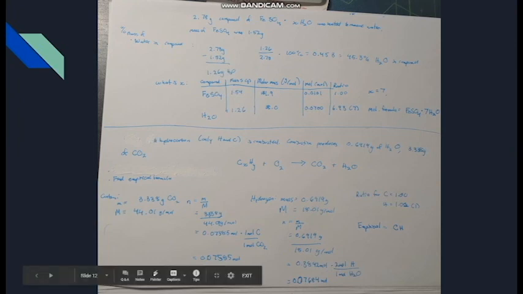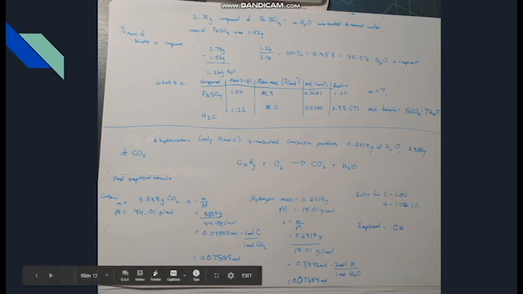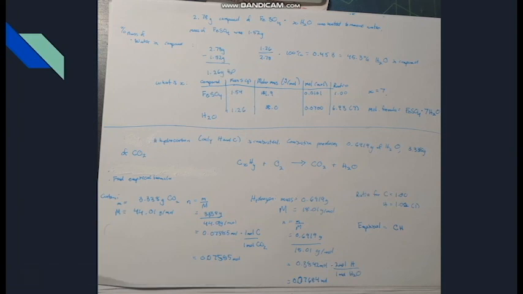After we get the number of moles of carbon dioxide, we multiply it by the number of moles of carbon present in carbon dioxide. To do this, we take a look at carbon dioxide and we see that CO2 has 1 atom of carbon and 2 atoms of oxygen. So we multiply by 1 mole of carbon divided by 1 mole of carbon dioxide because there's only 1 atom of carbon for every molecule of carbon dioxide. This is pretty simple, and we get 0.07585 moles of carbon within this experiment here.